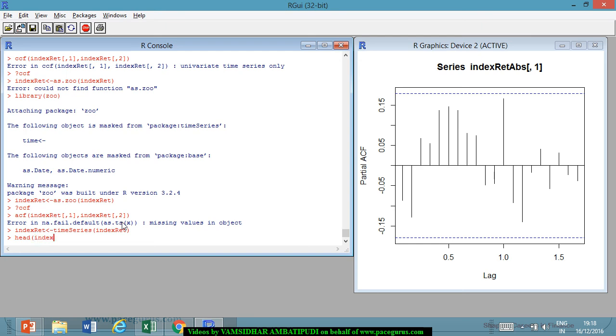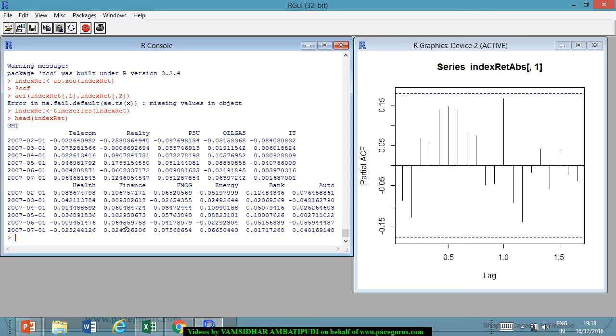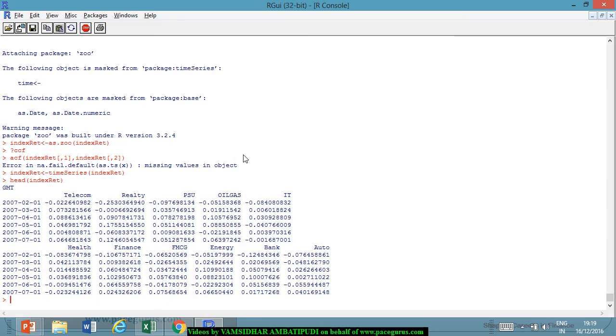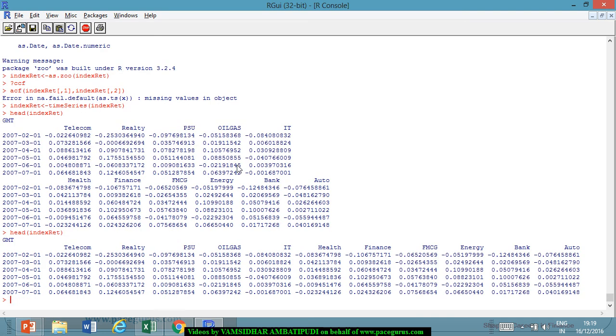So if I look at index ret now, this is what is coming out.